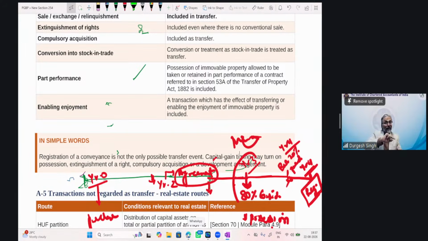If I am from the buyer point of view, I will have to think of TDS. For the buyer, I'll have to think of IFOS. I told you about IFOS. For the buyer, I'll have to now start thinking about house property. This is the beauty of taxation law.